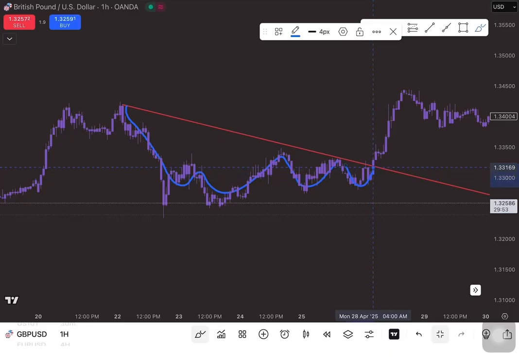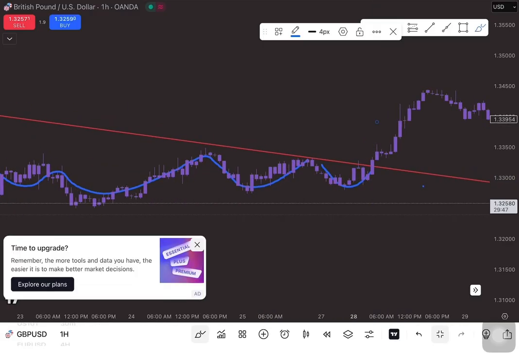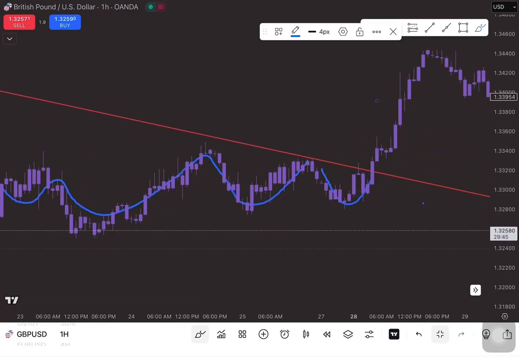But the big entry here would have been when the market decided to cross over this trend line right here. We can see the market crossed over the trend line and continued to skyrocket, because it no longer respected the trend line and price decided to go up.